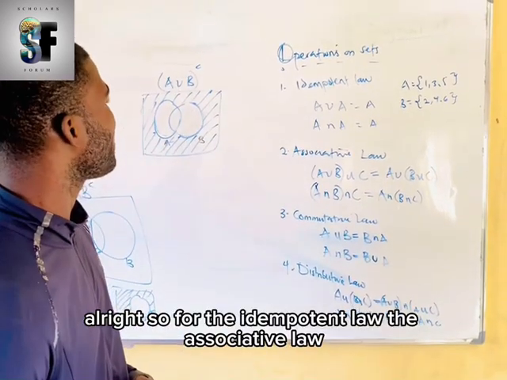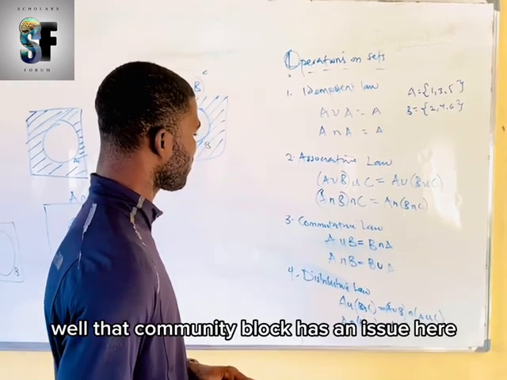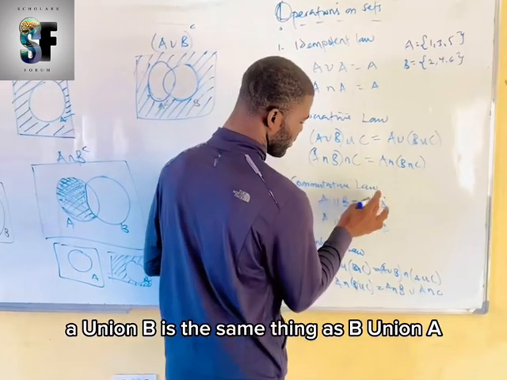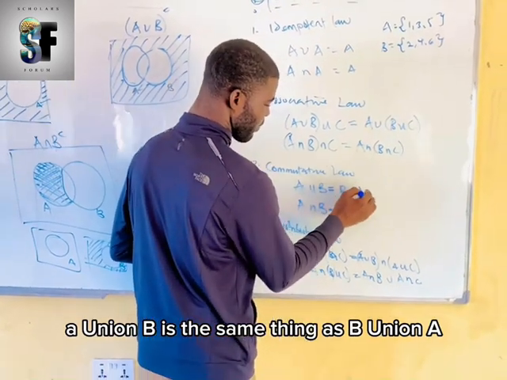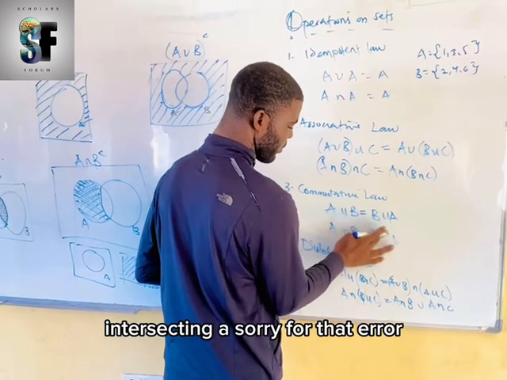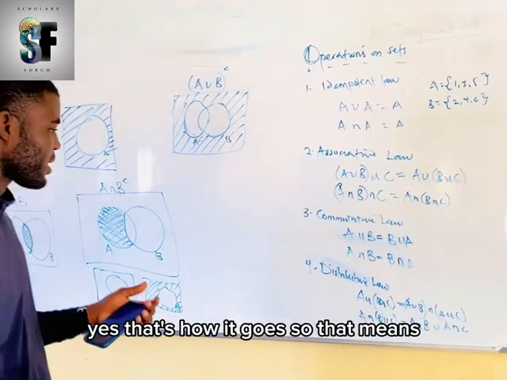So for the idempotent law, the associative law, the commutative law, or the commutative law has an issue here. A union B is the same thing as B union A, and A intersecting B is the same thing as B intersecting A. Sorry for that error. Alright, now it's balanced. Then the distributive law, yes, that's how it goes.